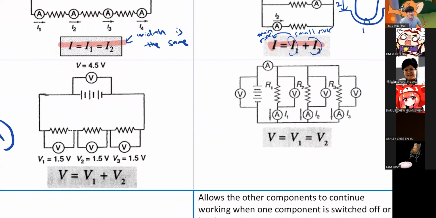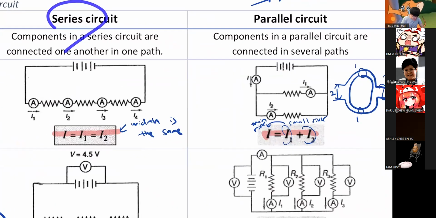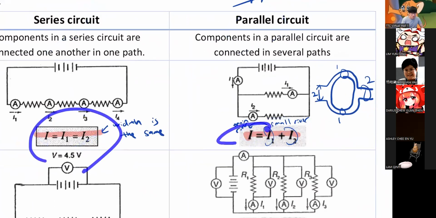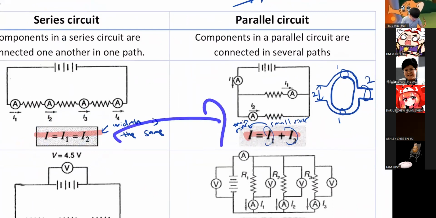But when you memorize this, it's just a bunch of alphabets. How to memorize? How do you say series is this? How do you say parallel is this? Last time we always got confused, thinking I1 equals to I2, is that series or parallel? If you forgot, you die. If you accidentally reverse, everything will be wrong.